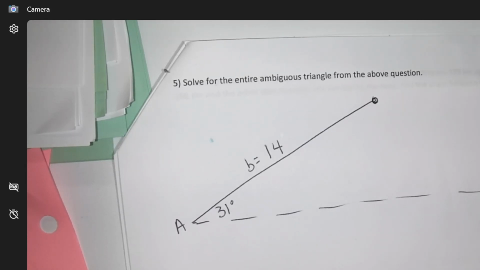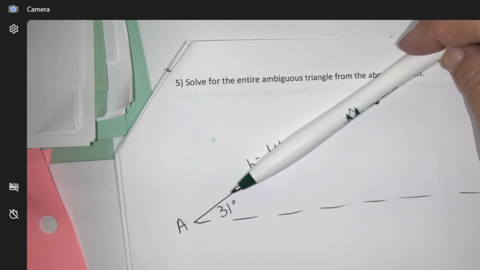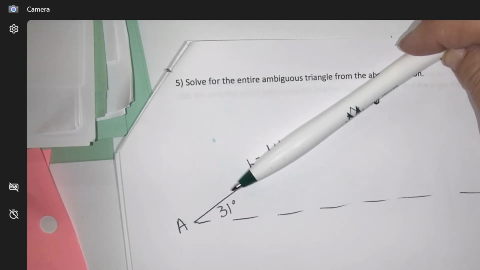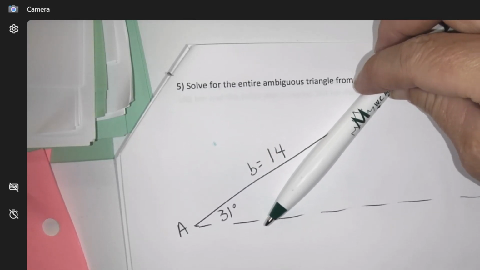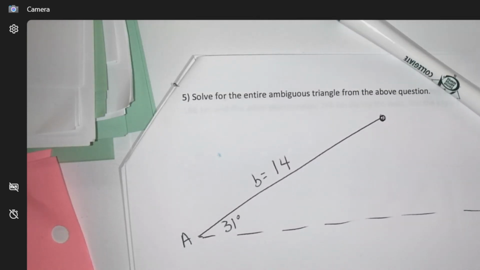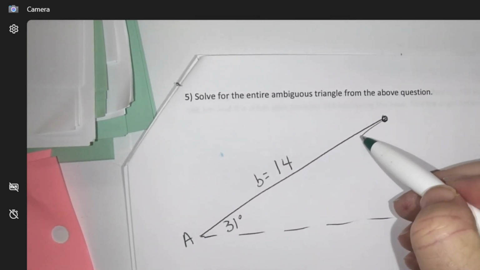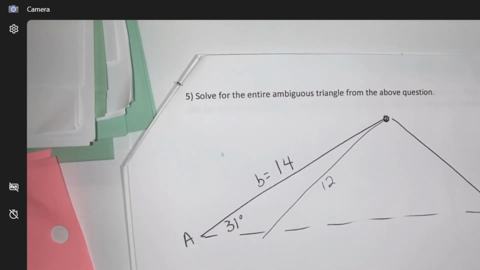Okay, so here's 14. So what would 12 look like? So 12 would be a little bit shorter. So if I put 12 somewhere, it could go here, or it could go here. So it could have swung to hit there, or here.